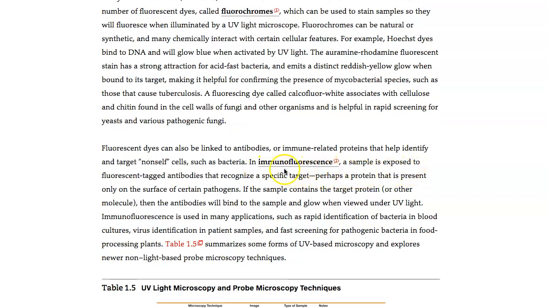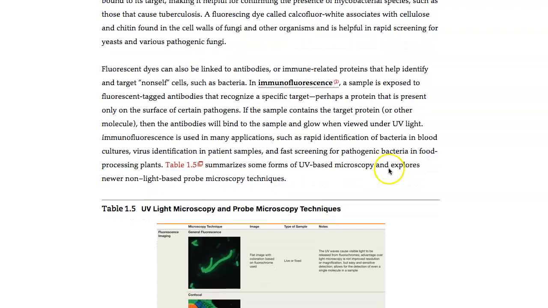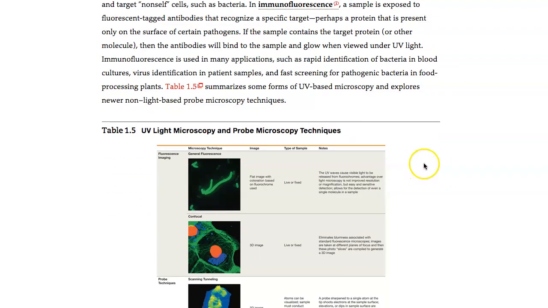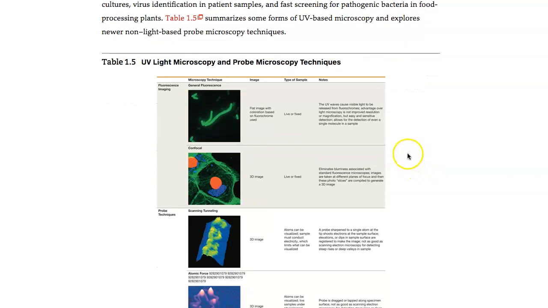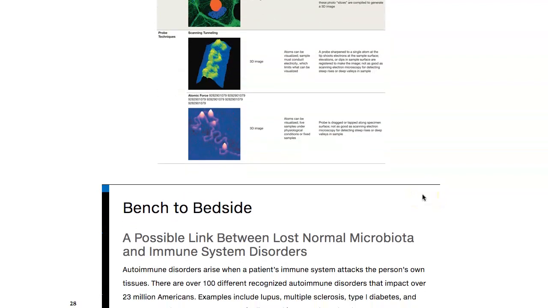So we can use antibodies, for example, that have a fluorescent linkage that will allow us to stain very specific structures within the microbial cell or within viruses. And this is very useful for analyzing their structure and function relationships that go into determining how microbes cause diseases and how they interact with their human host.